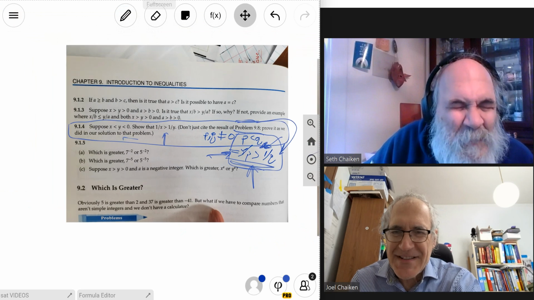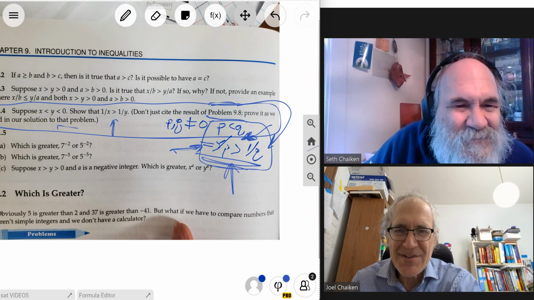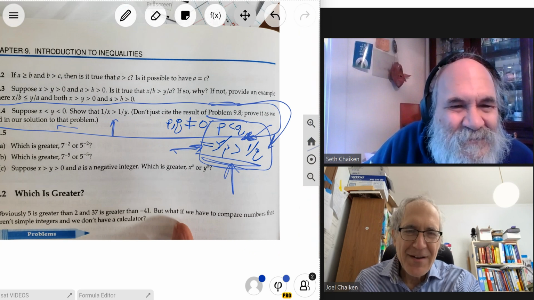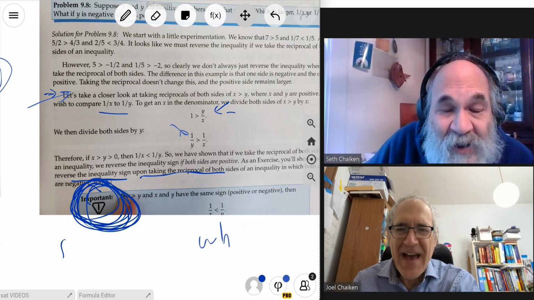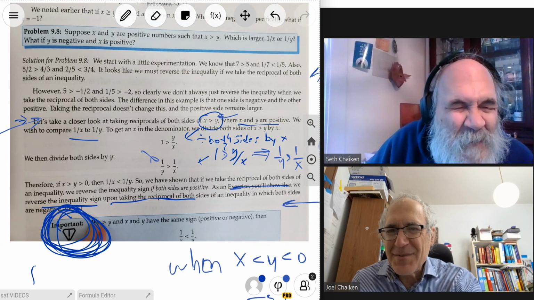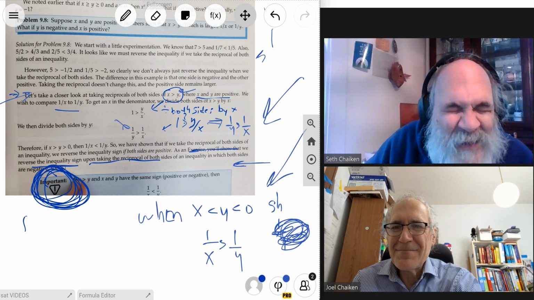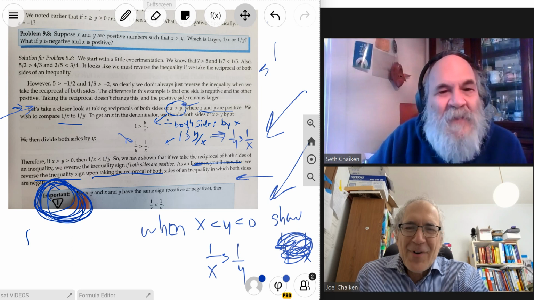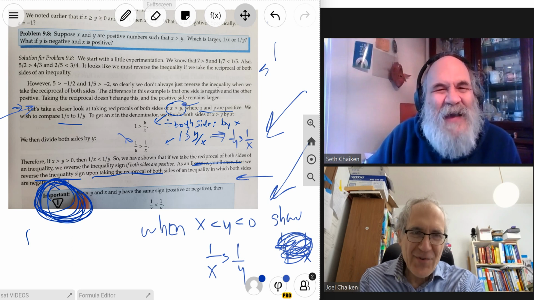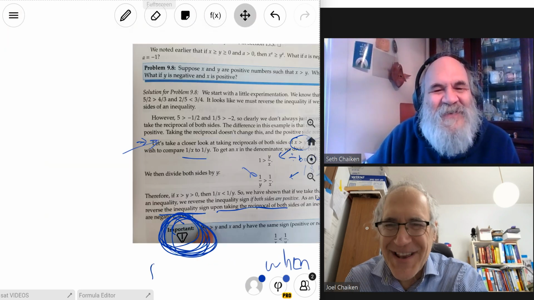The exercise specifically says don't just cite the results of 9.8. Okay, but what's this important thing? Yes, it's important, but not for our proof. It's important for studying.